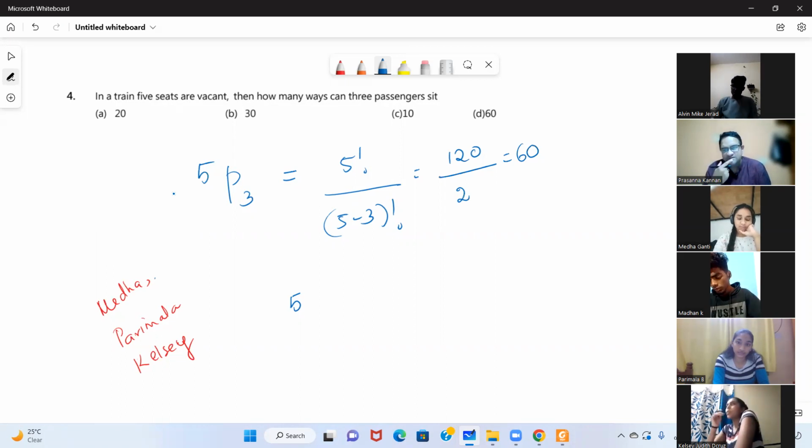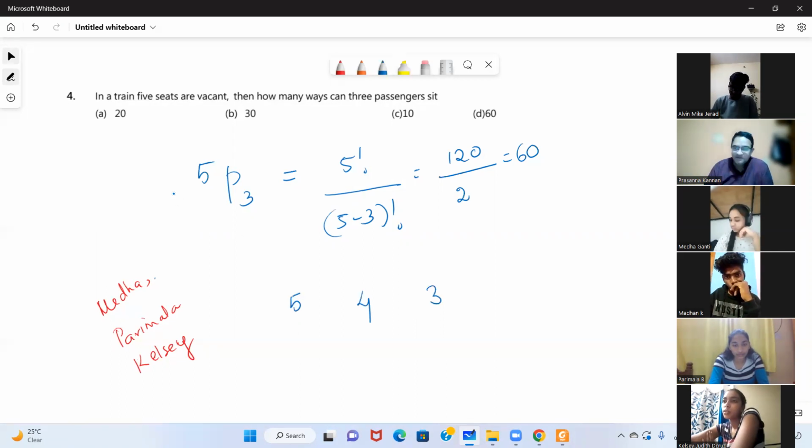Parimala, you are going in next. How many options are there for you? 4 options, sir. Now Parimala goes and sits there. Kelsey, you are coming in next. How many seats are vacant for you? 3, sir. Exactly. So Medha is seated, Parimala is seated and Kelsey is seated.